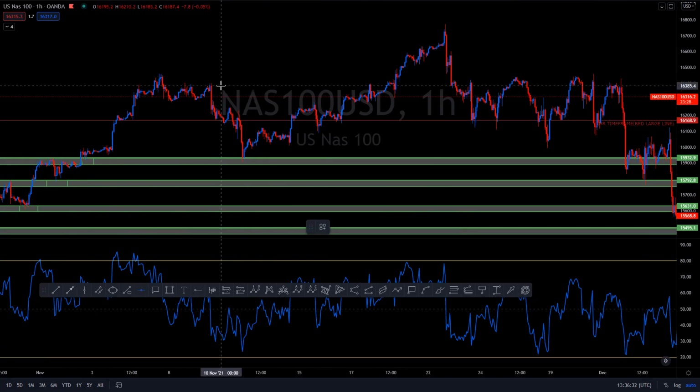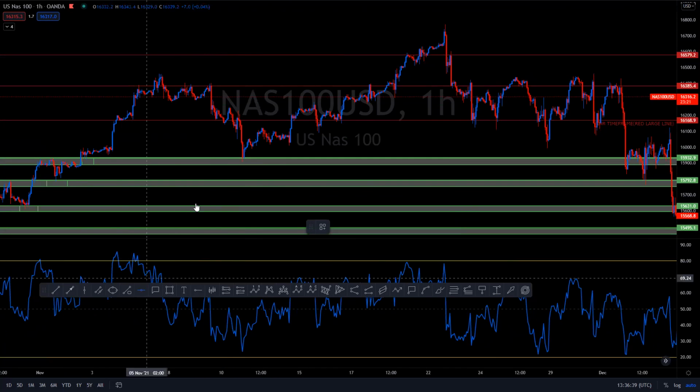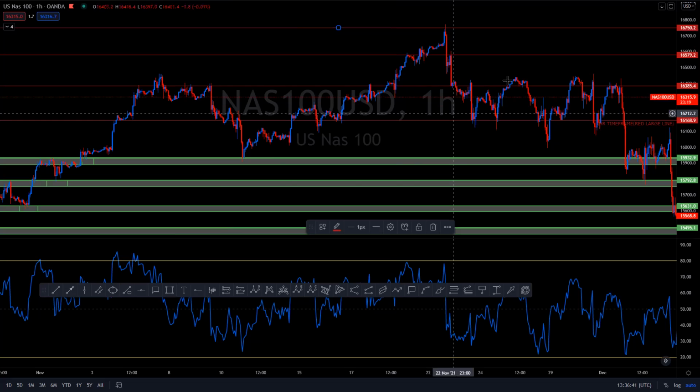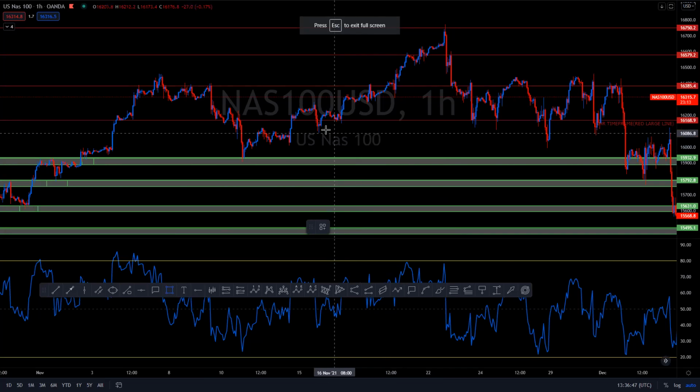So make the red line, and then we're going to get this one. Probably here, then up to here. So now we get the supply demand zones.